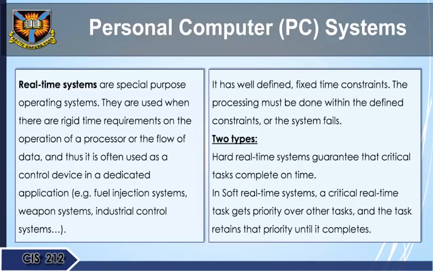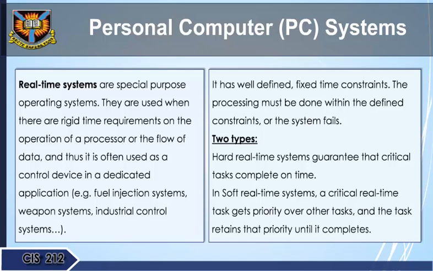Real-time systems are special-purpose operating systems. They are used when there are rigid time requirements on the operation of a processor or the flow of data, and thus it is often used as a control device in a dedicated application, e.g., fuel injection systems, weapon systems, industrial control systems.